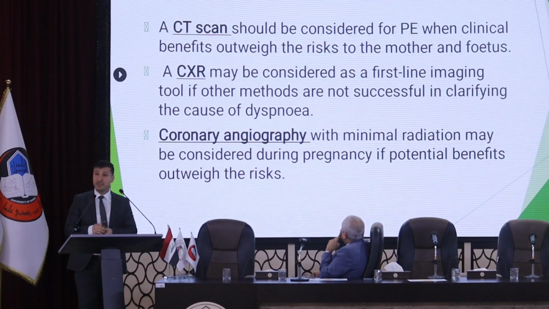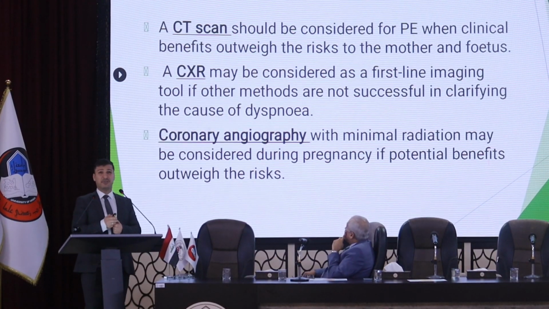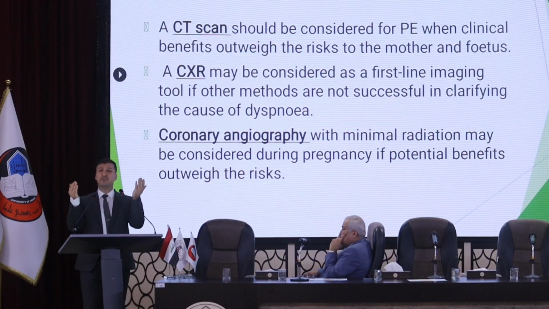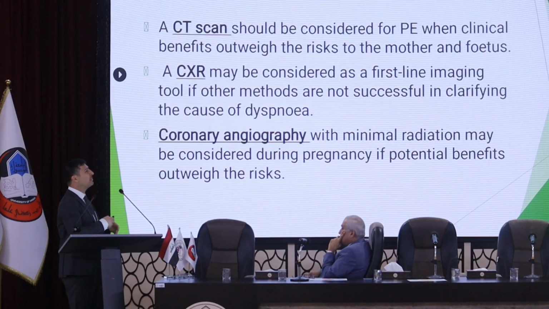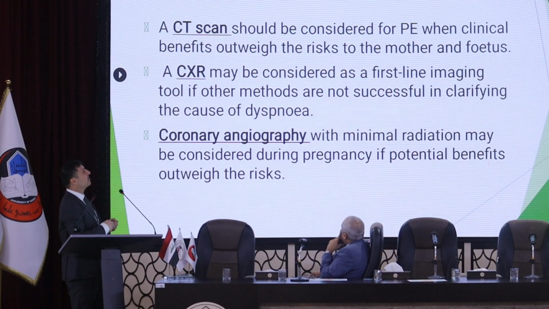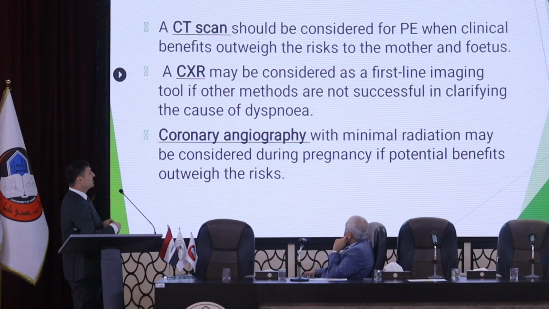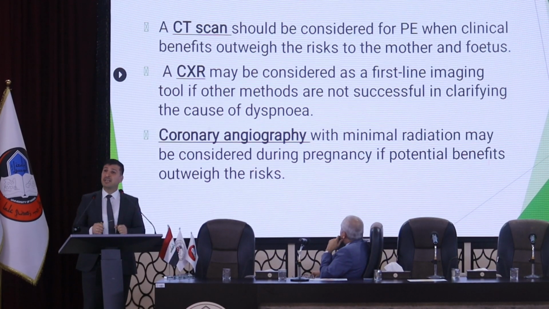CT scan can be done, yes, if you have a high suspicion of pulmonary embolism. The benefit to risk favors going for CT pulmonary angiography. It will save the mother and the fetus. Chest X-ray may be a modality when all other modalities fail to detect the cause of the dyspnea.